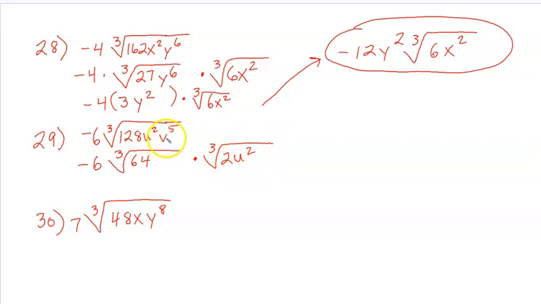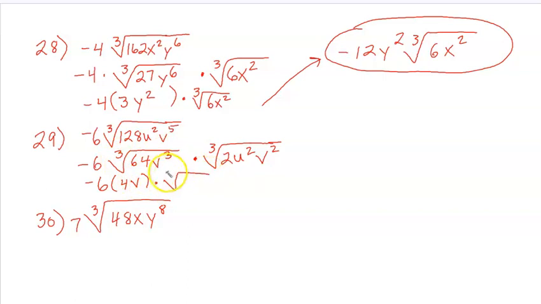I can separate v to the fifth. I can make it v to the third, which 3 can divide obviously into 3, which means over here I'm going to have to put v to the second. So just check, make sure that these two radicals multiplied together equal the problem radical. And this left radical will become, the cube root of 64 is 4, and the cube root of v to the third is v.